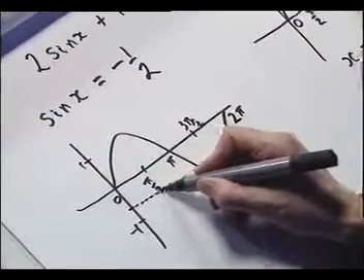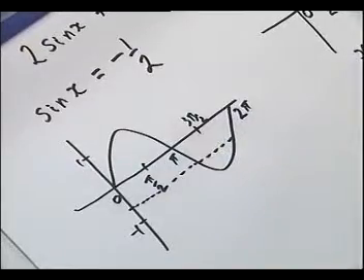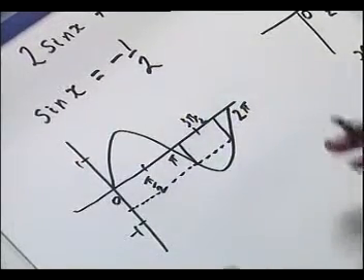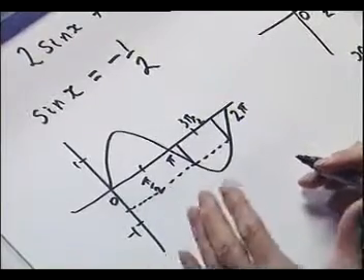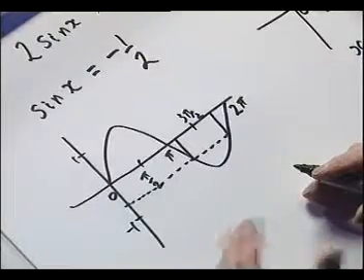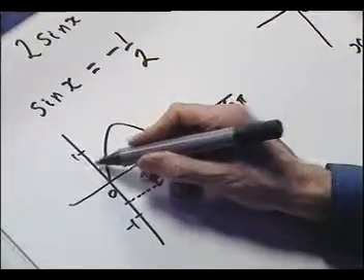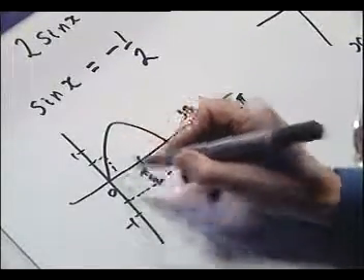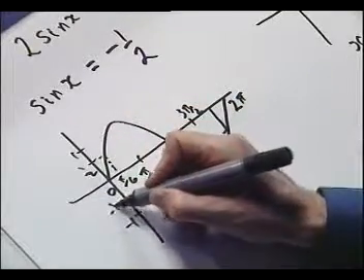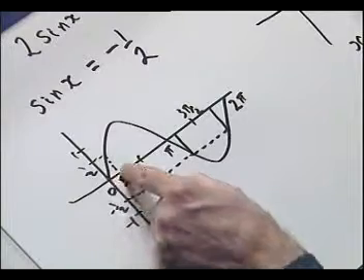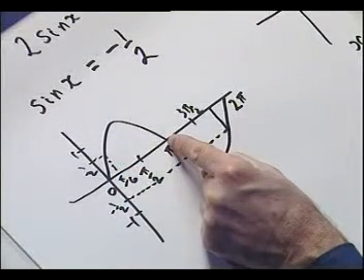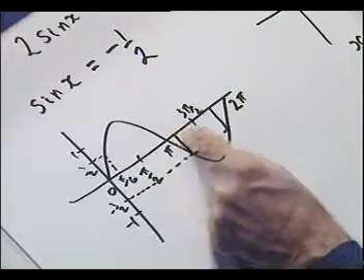That's going to come along there and meet the curve there and there. Now, the one thing that we do know is the angle whose sine is plus a half is pi by 6. So if we're looking at plus a half, it would be there, and it would be pi by 6. So it's pi by 6 in from there. So symmetry tells us that this must be pi by 6 in from there.